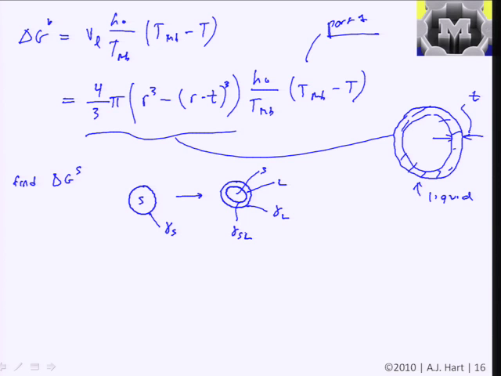So we could say we have to destroy this surface, and we have to create these two surfaces.